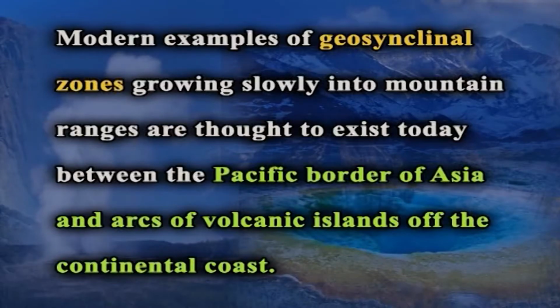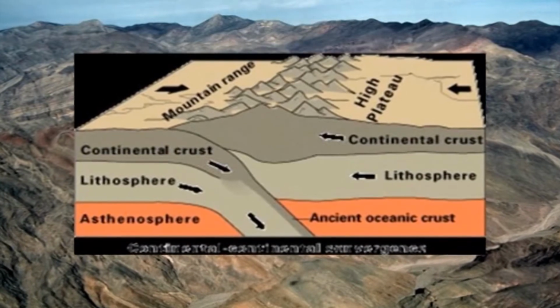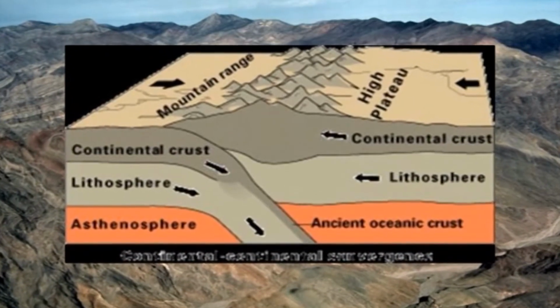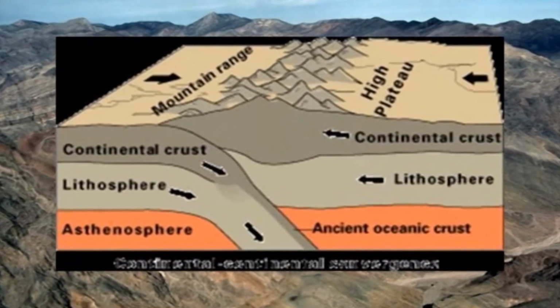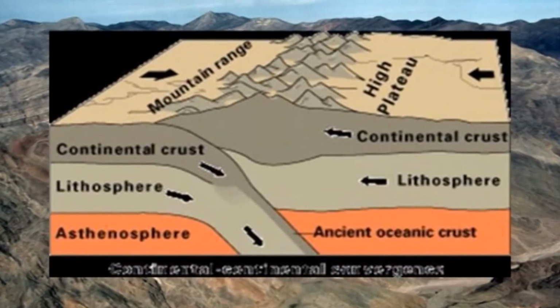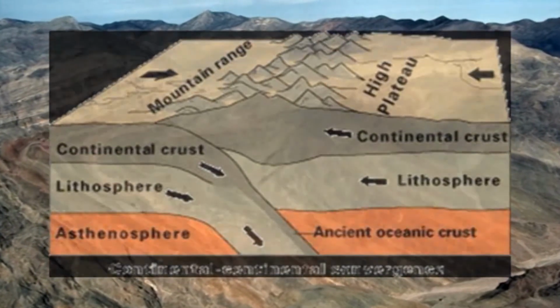Modern examples of geosynclinal zones growing slowly into mountain ranges are thought to exist today between the Pacific border of Asia and arcs of volcanic islands off the continental coast. From the above mentioned discussion, it is obvious that the major mountain systems have evolved as a result of the movement of lithospheric plates.